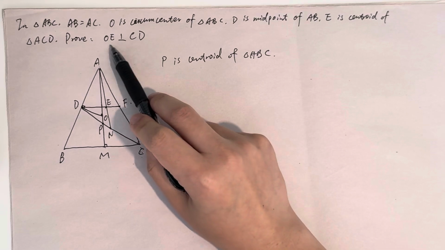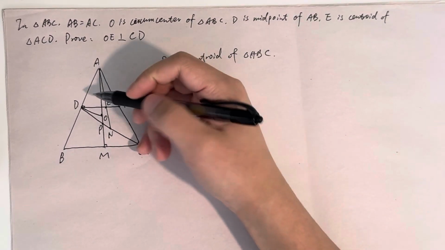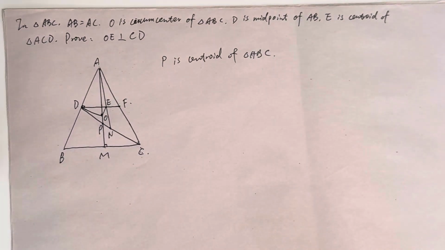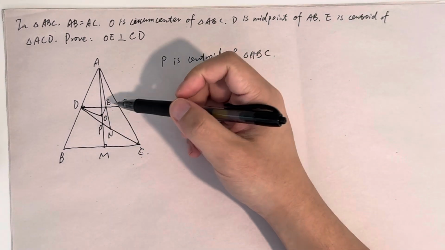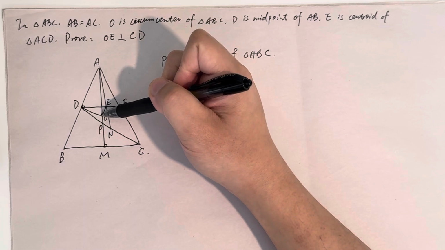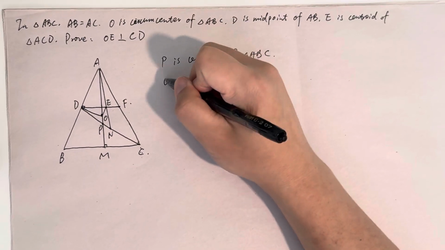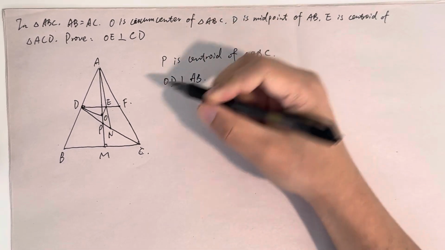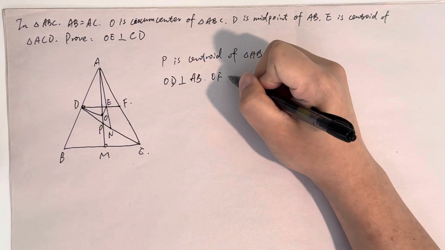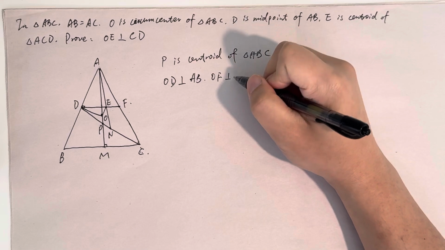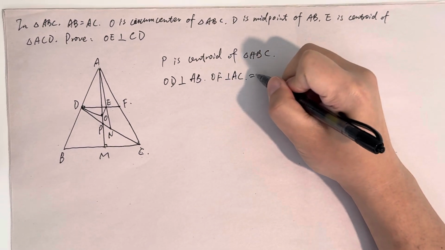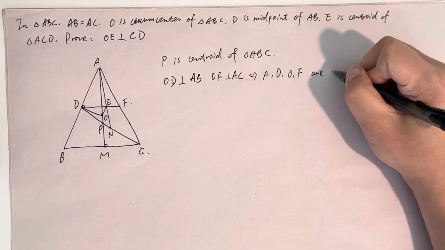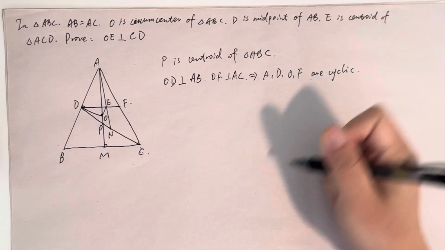Okay, now let's see. We want to prove that OE is perpendicular to CD. Now let's think. We have OD perpendicular to AB, and OF perpendicular to AC, which means ADOF are cyclic, right?